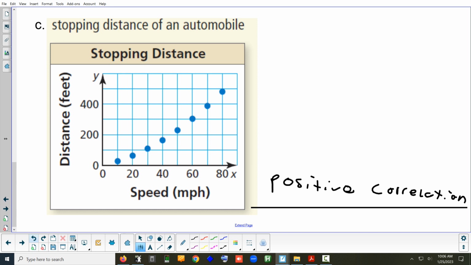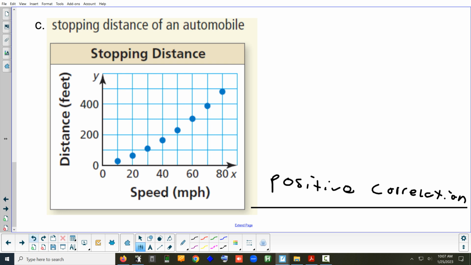So can someone describe to me what do you think that means here? If there's a positive correlation between how fast you drive and how long it takes you to stop your car. The numbers keep rising at a constant rate, kind of like almost. So can you describe it like Lexi did before as what happens?